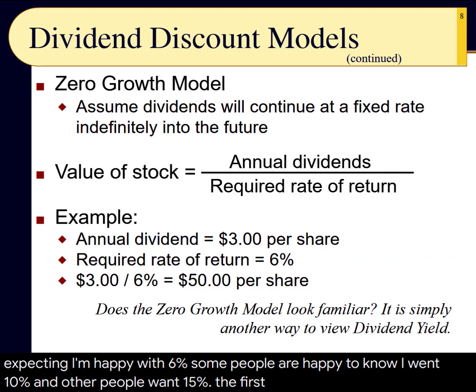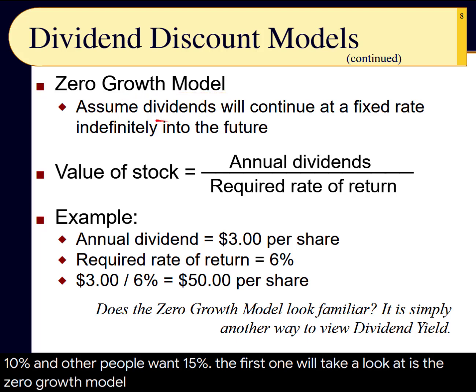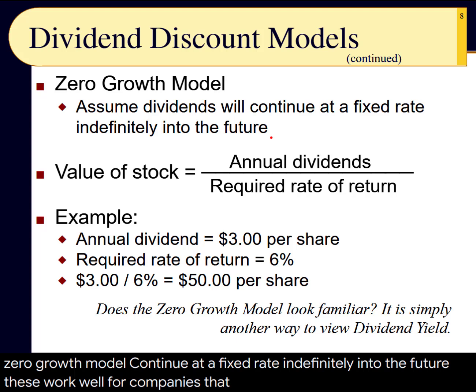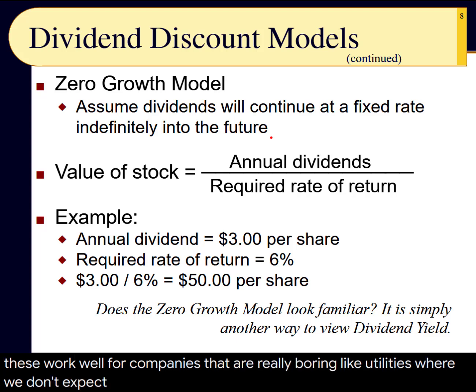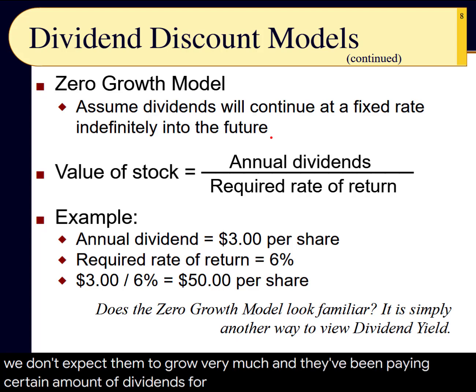The first one we'll take a look at is the zero growth model. This assumes that dividends will continue at a fixed rate indefinitely into the future. These work well for companies that are really boring, like utilities, where we don't expect them to grow very much, and they've been paying a certain amount of dividends for many years. The formula is very simple.